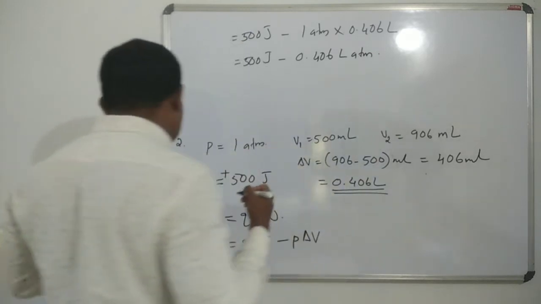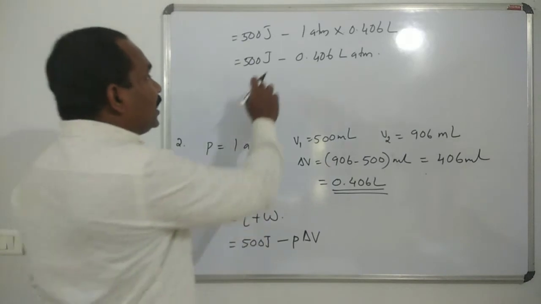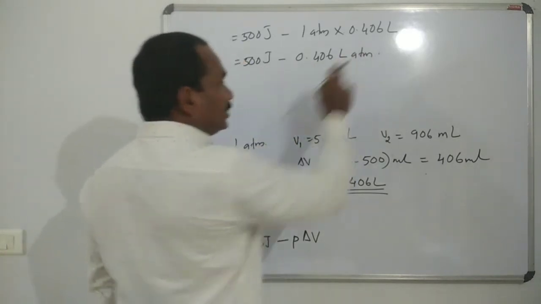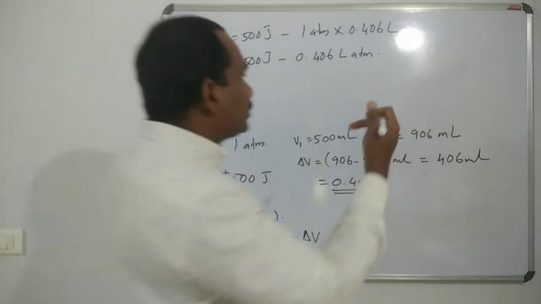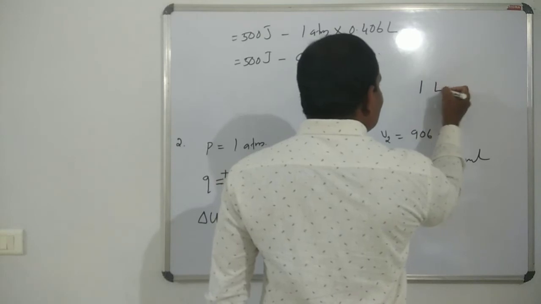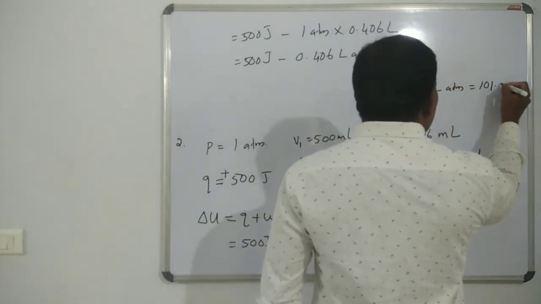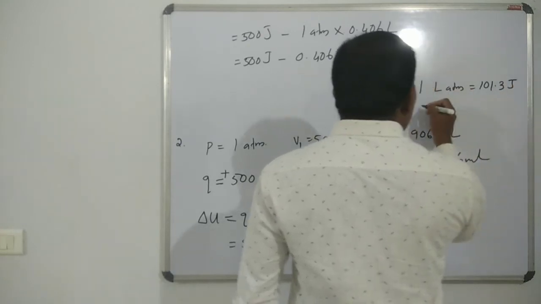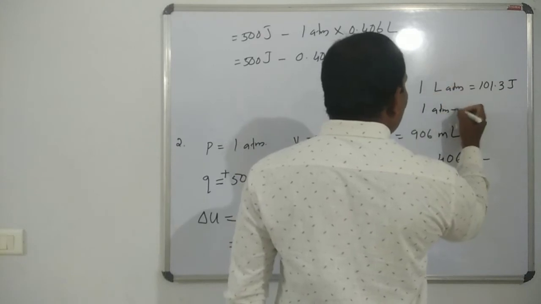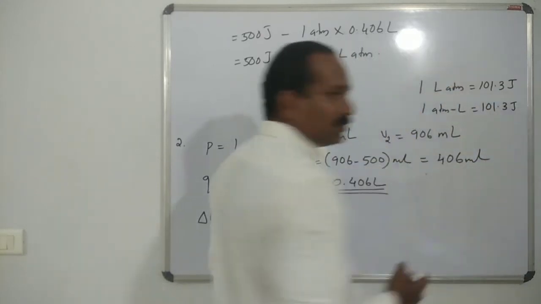And the problem is, here the unit is joule, here the unit is liter atm. One hint is given, 1 liter atm is equal to 101.3 joule. Okay, 1 atm liter is equal to 101.3 joule.